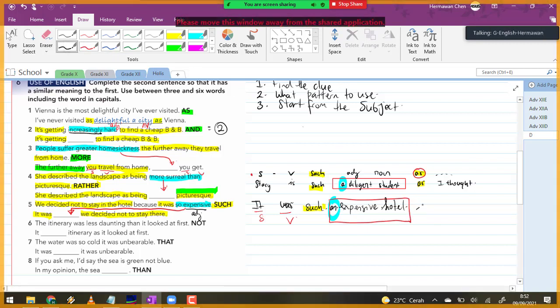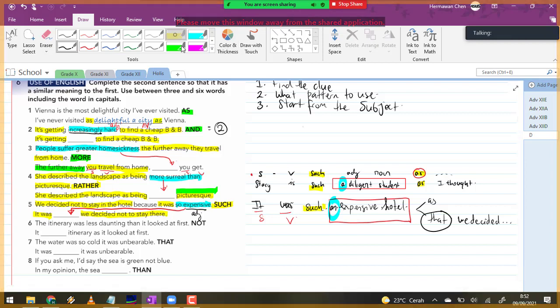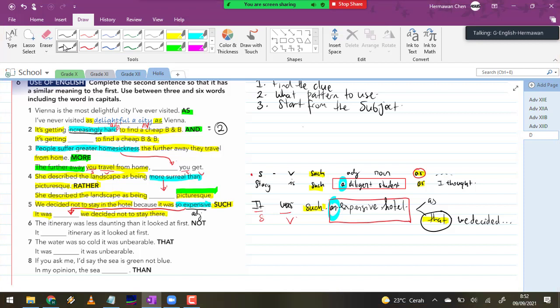You have two options, as or that. Look at the meaning. This is a result. We decided not to stay there, so we have to use that. That we decided not to stay there. That's the answer, guys. Such an expensive hotel that.